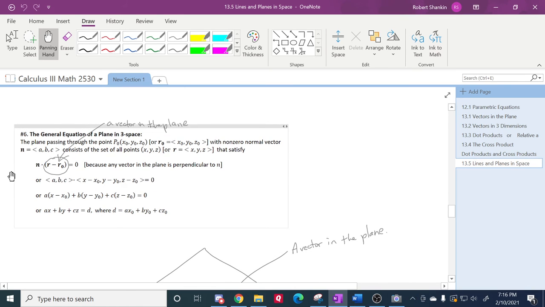Remember, the dot product is the magnitude of the first, magnitude of the second, times the cosine. And the cosine of the angle between them is a measure of how much these two things go in the same direction. If they are perpendicular, the cosine is 0, just like the cosine of a 90-degree angle is 0.